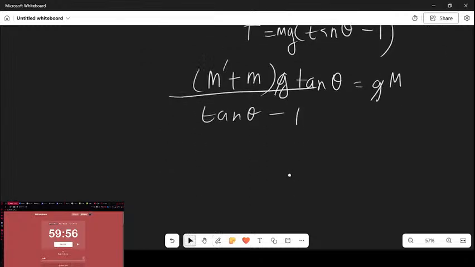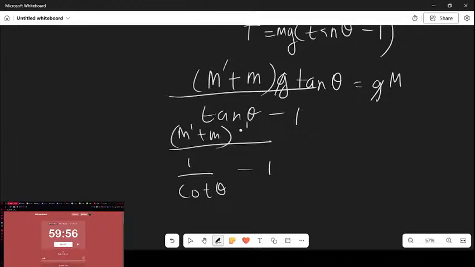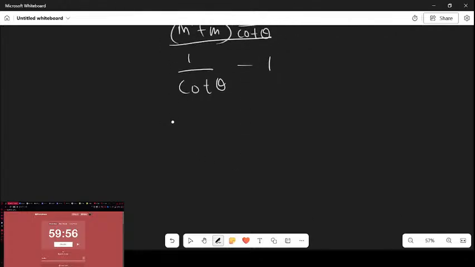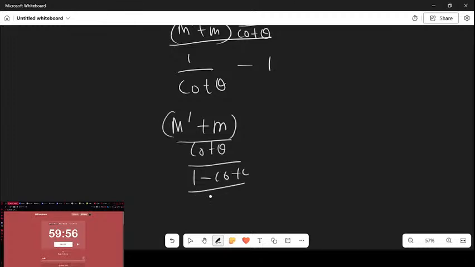If I need to write it in terms of cot theta, it's 1 by cot theta minus 1, m dash plus m. And if I take m dash plus m over cot theta, here we have 1 minus cot theta divided by cot theta.